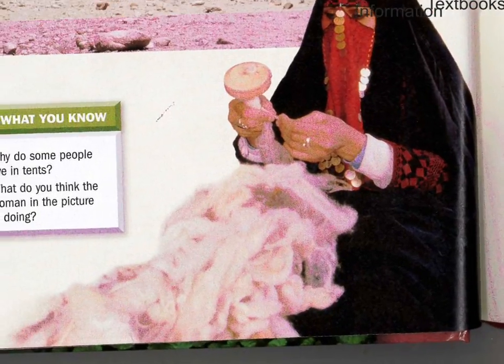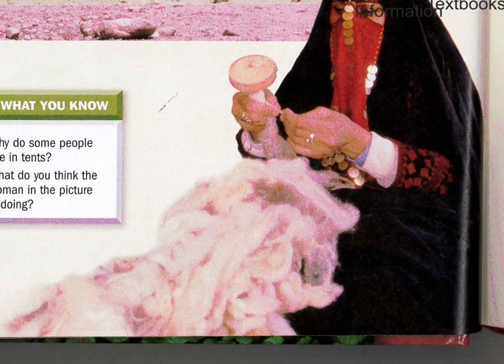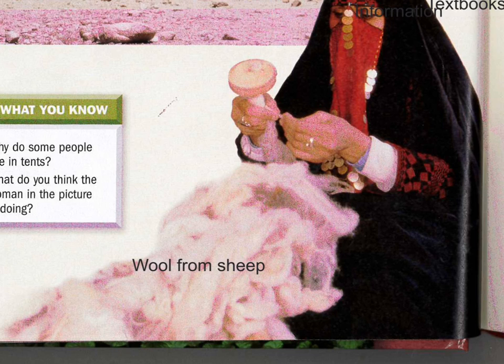What is this woman doing? This is wool from a sheep. What is she doing? She's turning it into thread so that she can make clothes or blankets.